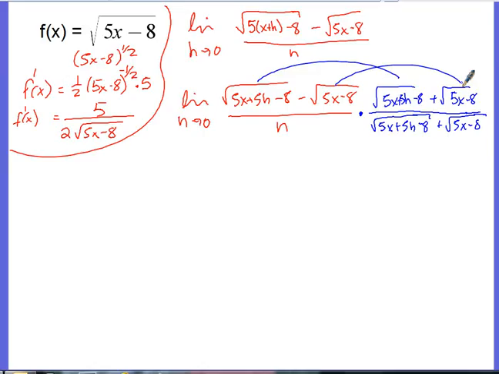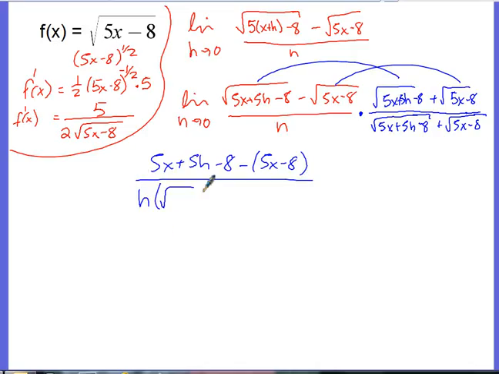So basically, do you see that I'm going to be left with 5x plus 5h minus 8? And then it's the same thing with the back. The radical will go away, but it's minus, so be very careful: 5x minus 8. Over, and then on the bottom, I'm going to keep that for 1 second. Okay, so don't freak out. Tuck and roll.